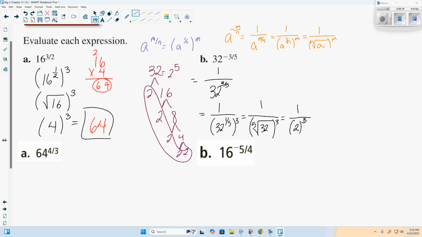Now what do we have left? 1 over 2 cubed, 1 over 8. 2 to the 3rd is 8. Questions on this here?